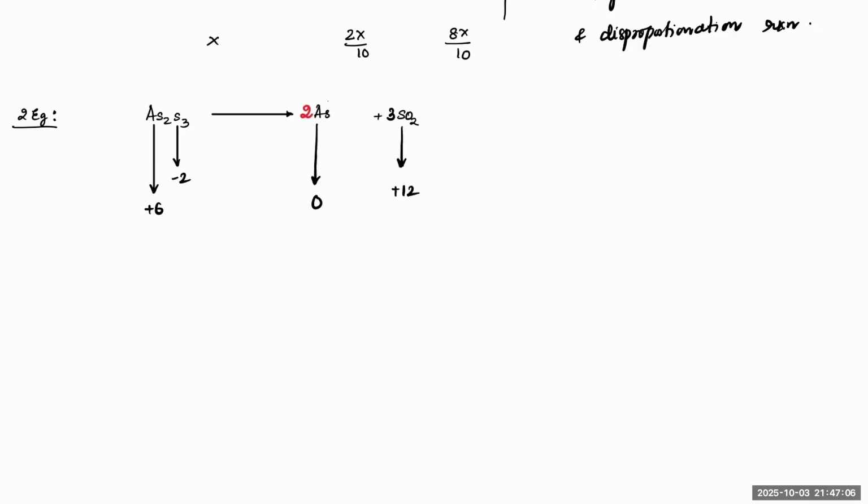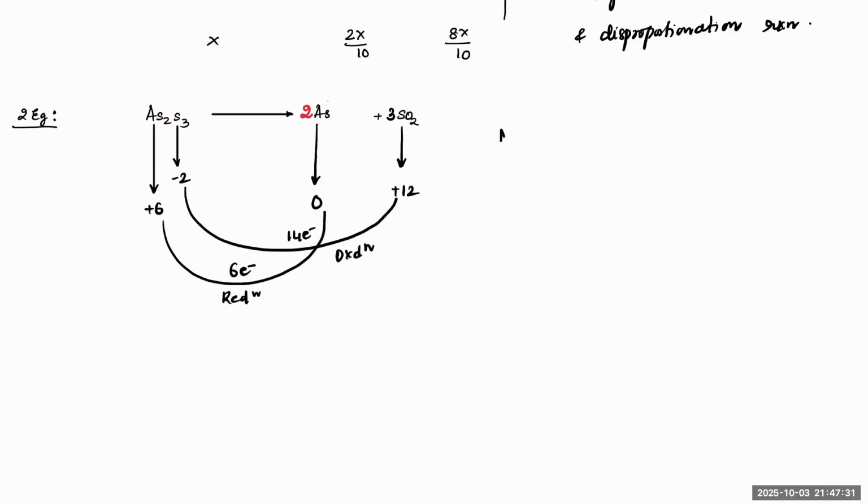So total it will be +12. So from -2 to +12, total 14 electrons. +6 to 0, 6 electrons transferred. These are the number of electrons which have been transferred. Now notice, +6 to 0 is actually reduction. -2 to +12 is oxidation.